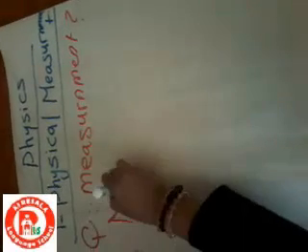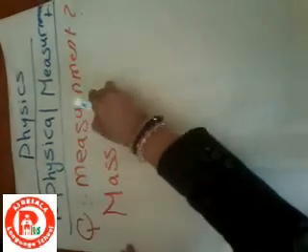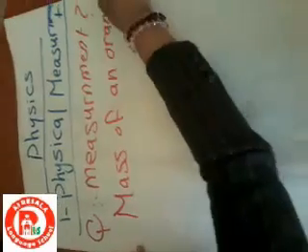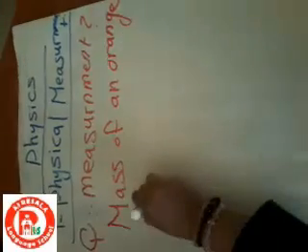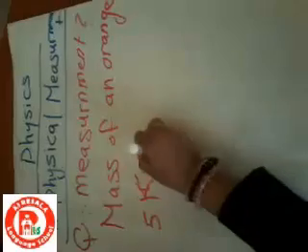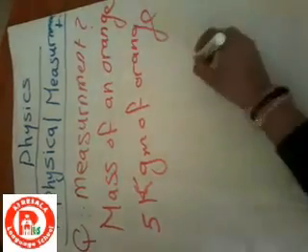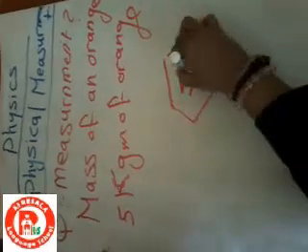Measurement is a process: to compare the unknown quantity with another known quantity. Like the mass of an orange. When you say I have 5 kilograms of oranges, what does it mean? You have a piece of iron with 5 kilogram written on it.